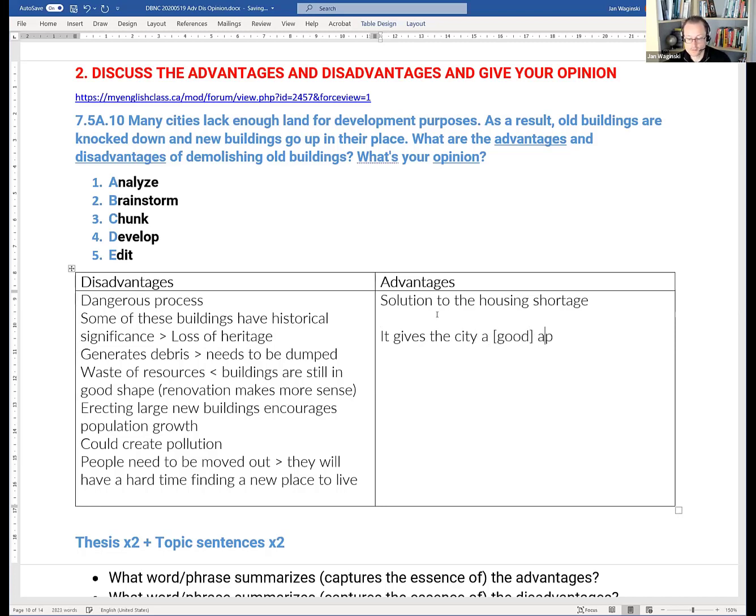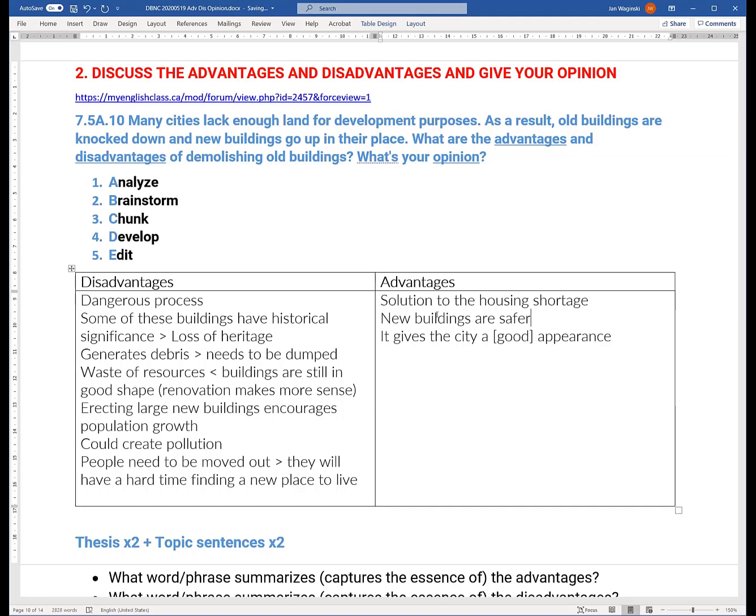It gives the city a good appearance. Can you think of a better word than good? Allah, what did you say right before? I said safer, and the reason for demolishing old buildings is less safety, so it should be more safety and more modern.